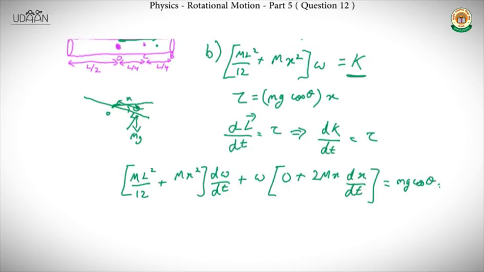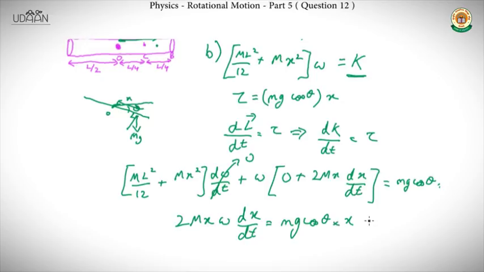Now we have been told in the question that the angular velocity omega remains constant. So we see that d omega by dt is 0. Now writing the rest of the equation, we get 2mx omega into dx by dt equal to mg cos theta into x.